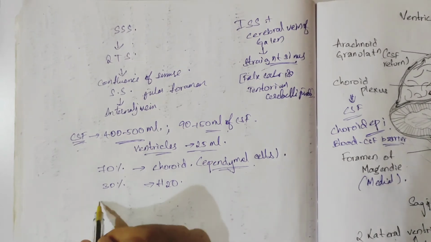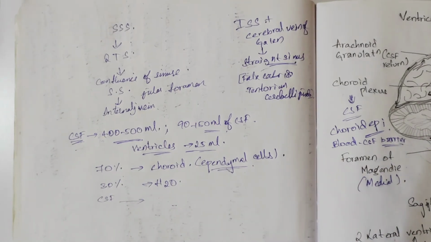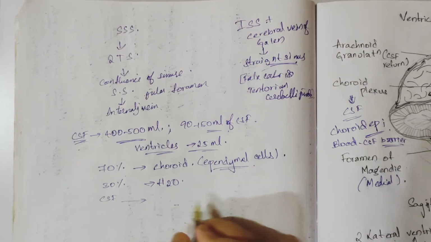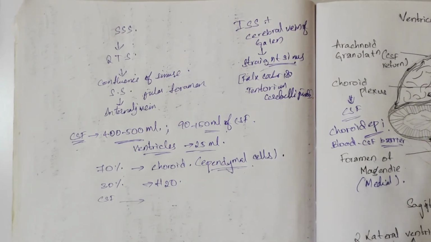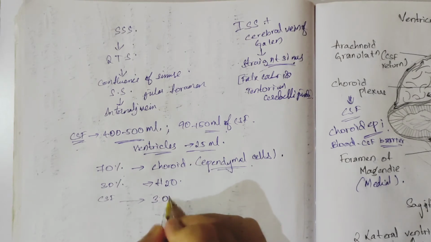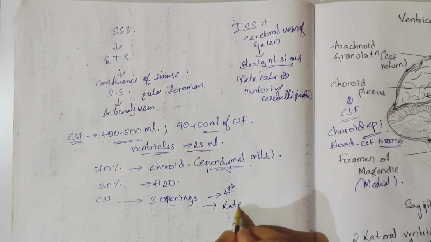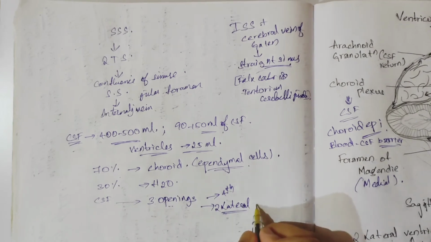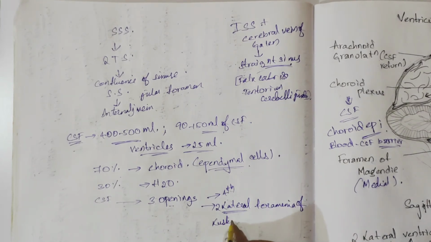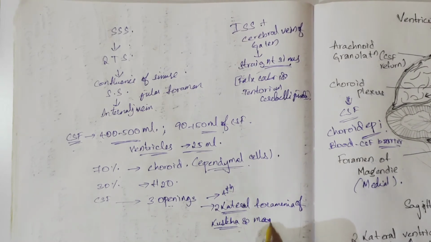The CSF passes from each ventricle to another ventricle by foramens, and the CSF can leave and enter the subarachnoid space, outside the CNS, only by 3 openings: that is the fourth ventricle's 2 lateral foramina of Luschka, that is the lateral aperture, and the median aperture of Magendie.